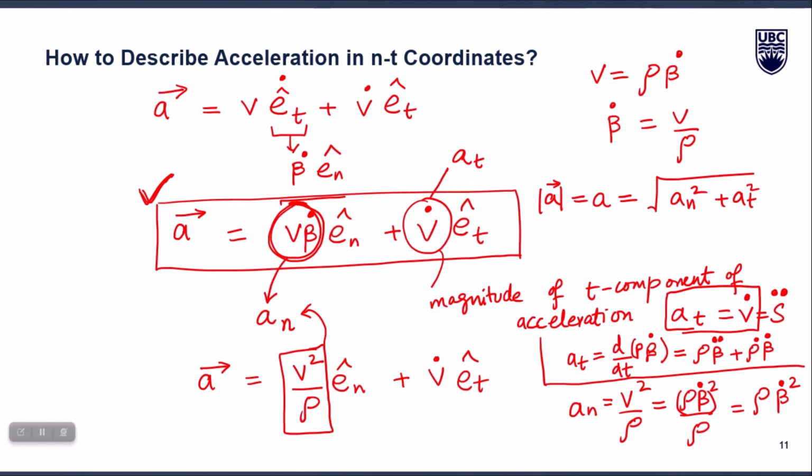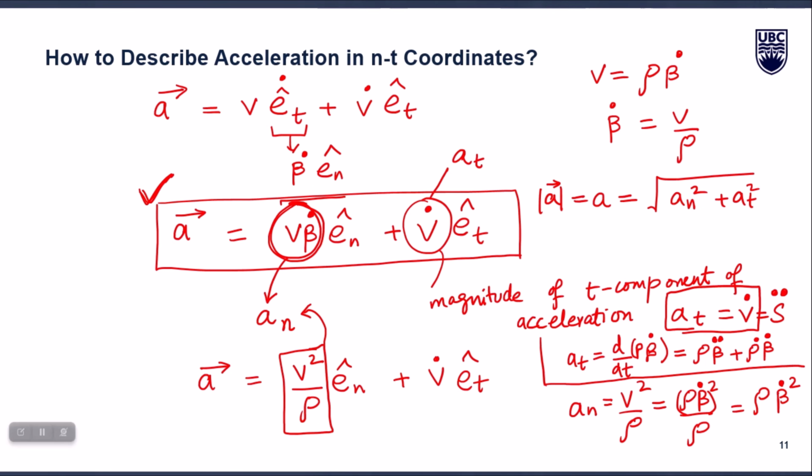What will be the units of beta dot? Rate of change of angle with respect to time: radians per second or degrees per second, right? And what is v? Meter per second. So it becomes meter per second squared. Radian is actually just a number. It is not something which will modify your unit system, right?